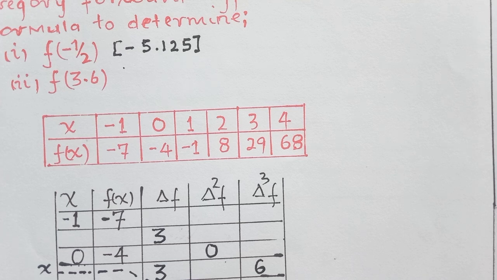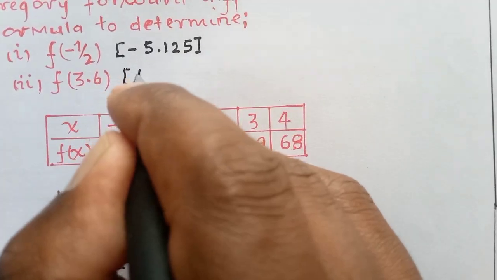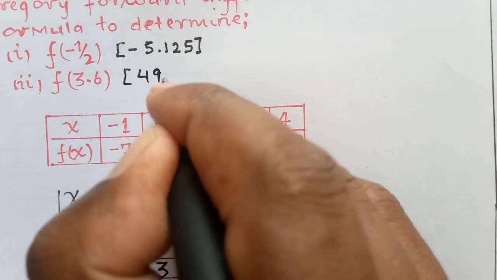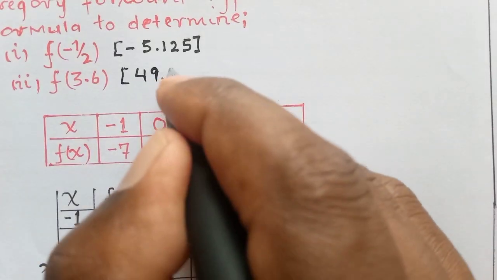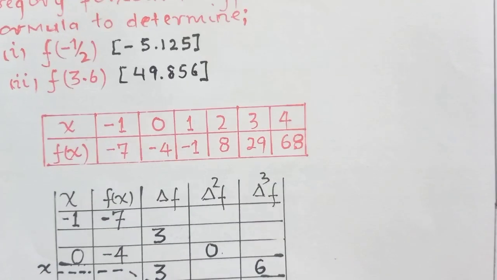We might be wrong, but we are not very wrong. We don't need to repeat again. So this other one was 49.856. So that is our answer for that.